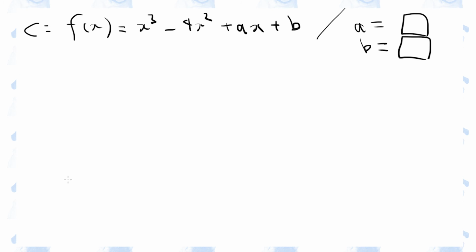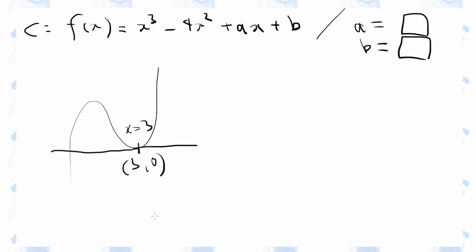So a cubic function looks like this, and it says that at x equals 3, the curve is tangent to the x-axis like this, 3, 0. And because the x-axis is a straight line with a slope of 0, at x equals 3, this curve satisfies the following condition. f dash of x, which is the derivative of the function, must be equal to 0.